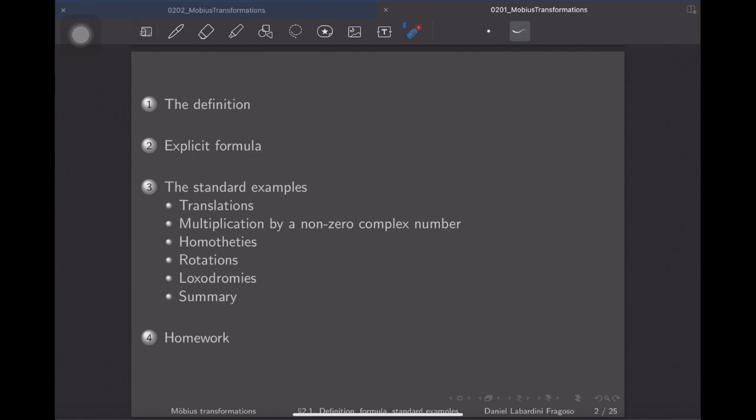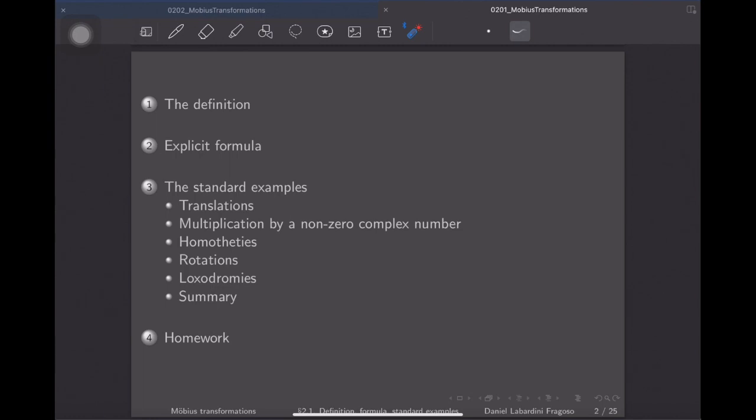Then if one fixes a basis of C2, say the standard basis, and takes the matrix of a bijective linear map, one can compute the explicit formula by passing, in both the domain and codomain, which are P1C, to C bar.